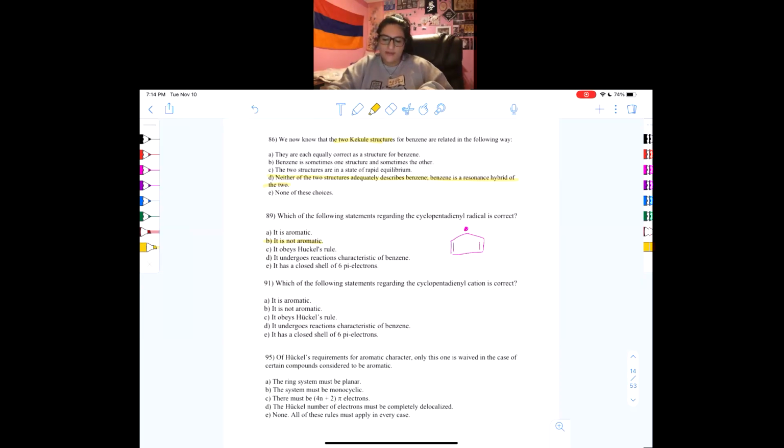So the next one is very similar, except it's the carbocation. So now it's cyclic, planar, fully conjugated, and 4 pi electrons. What do you guys think? Ooh, we got some split between A and D, or B, actually.